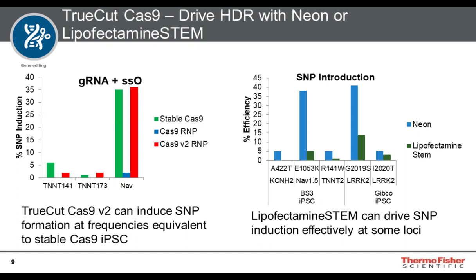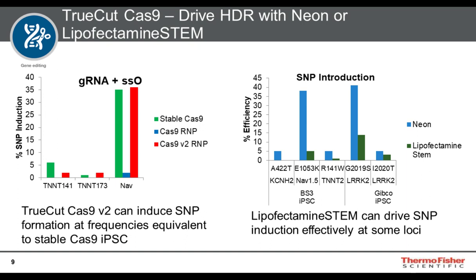On the left-hand side, everything was delivered using our Neon electroporator, but we understand that the Neon electroporator is not always available to you. So we then also developed a lipofection-based reagent called Lipofectamine Stem.